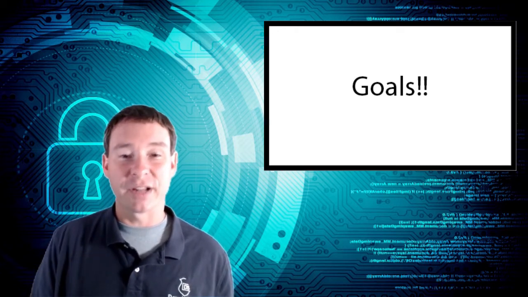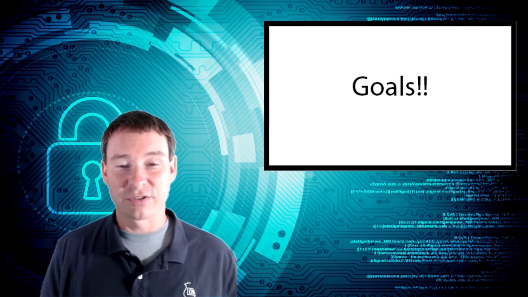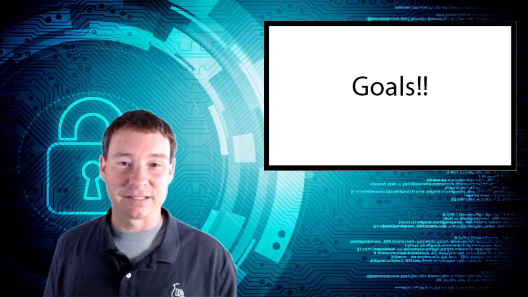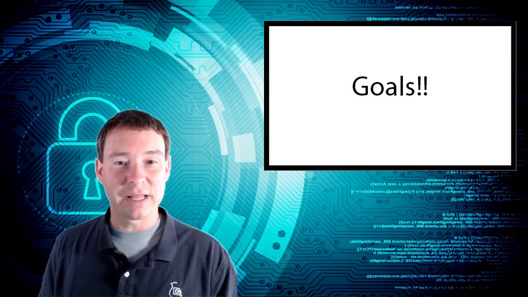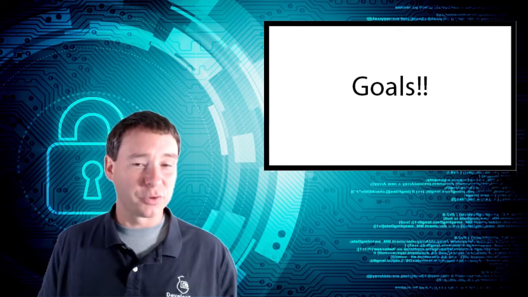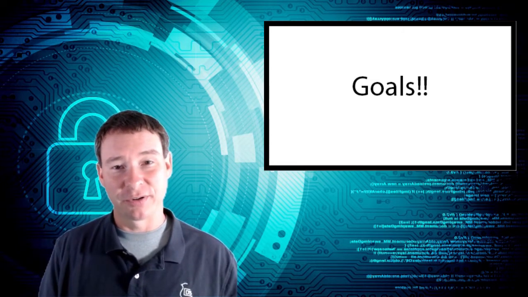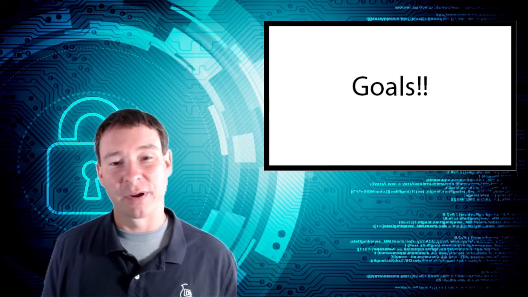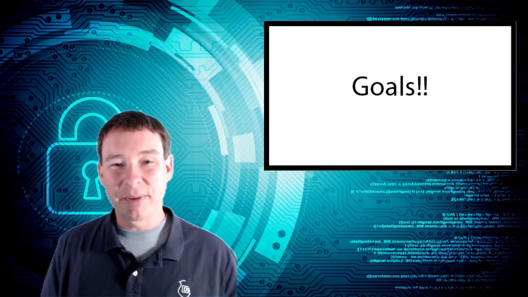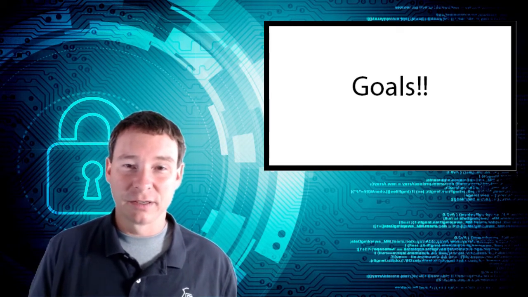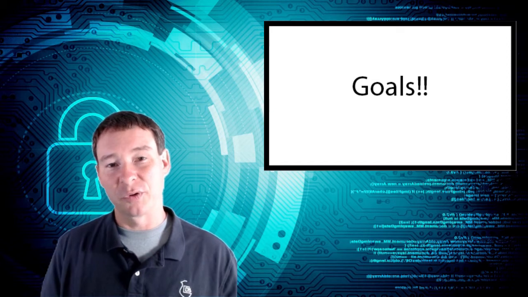Switch over to a pen test. Oftentimes, I don't think I've ever done a pen test where our goal was to try to identify every instance of a vulnerability. Now, of course, your goals depend on the penetration test you're doing, who your clients are, who you're working with, what they're focusing on doing. But oftentimes, our goal is not to find every instance of a vulnerability.